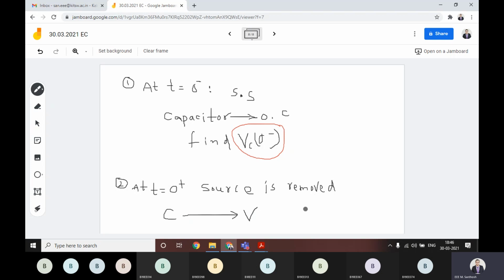As you know this principle, the value of VC 0 plus, that means after removing the source, is equal to VC 0 minus, whatever you calculated from the previous step. After finding this voltage, you have to replace the capacitor with a voltage source. Previously the inductor was replaced with a current source.